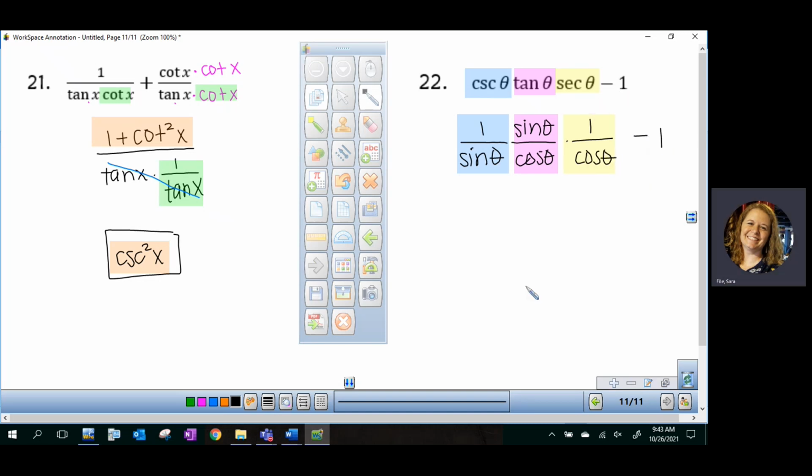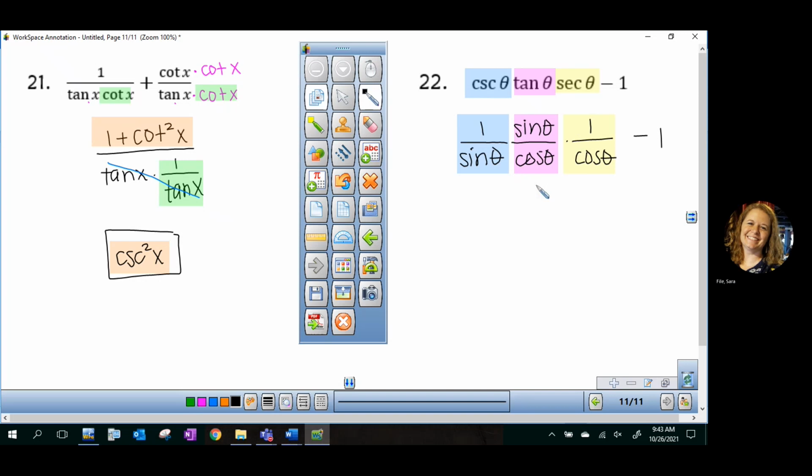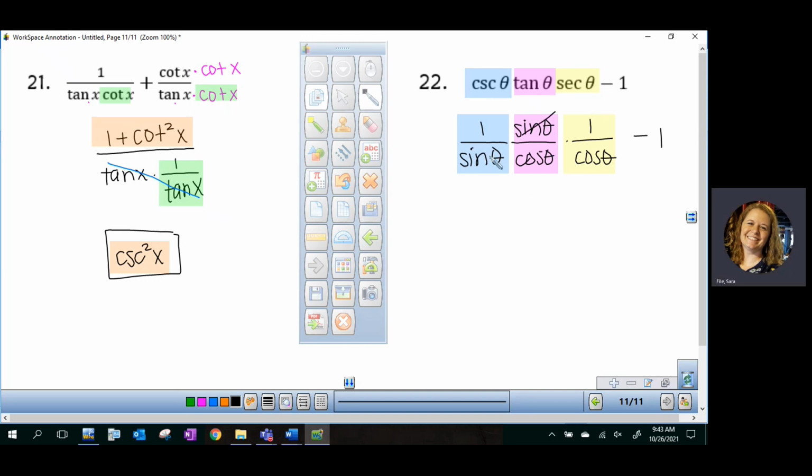We still have -1. What happens here when I'm multiplying these three fractions? Can I reduce anything? Yeah, the sine in the numerator and denominator reduce. So I'm left with 1 over cosine squared -1. Now 1 over cosine squared is secant squared.